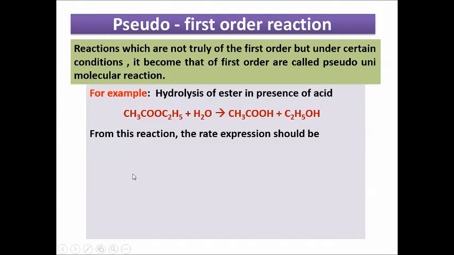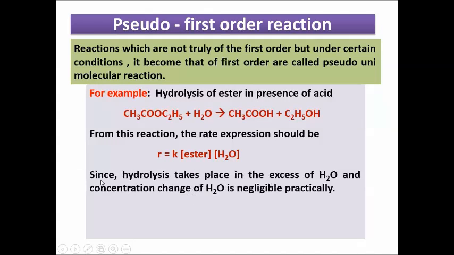If we want to write the rate expression for this reaction, how will we write it? Rate is equal to K into the molar concentration of CH3COOC2H5, that is the ester, into the molar concentration of water. Since hydrolysis takes place in the presence of excess water, the concentration change of water is practically negligible.